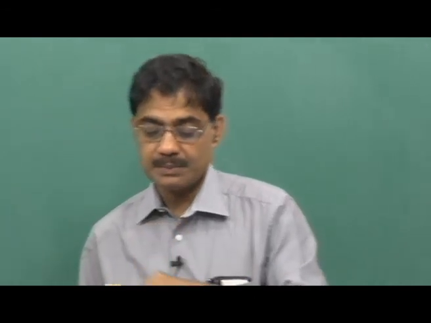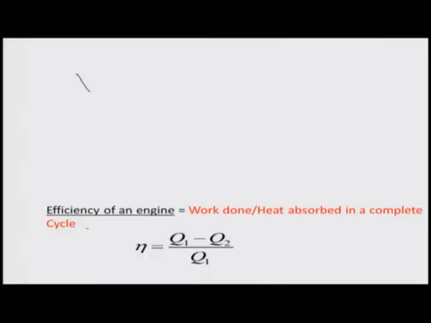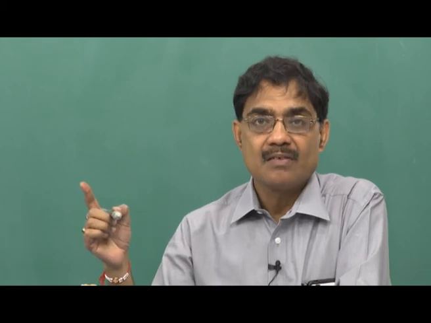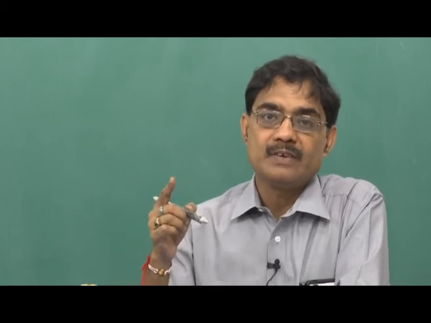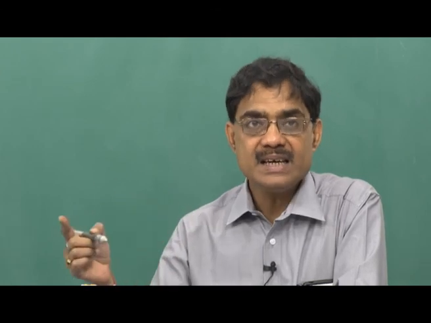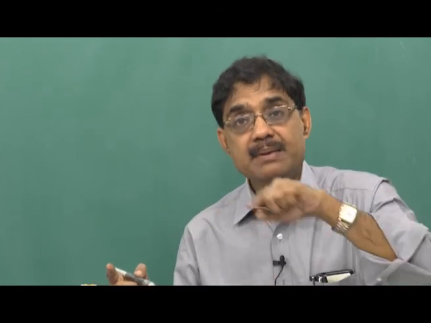So, let us do it pictorially. Let us say this is my hot reservoir T1, this is my cold reservoir T2, this is my working substance, and it goes in a cycle. Again I am saying, the initial value of thermodynamic parameters are P, V, T. After a closed loop, the value is again P, V, T, and it goes over many cycles.